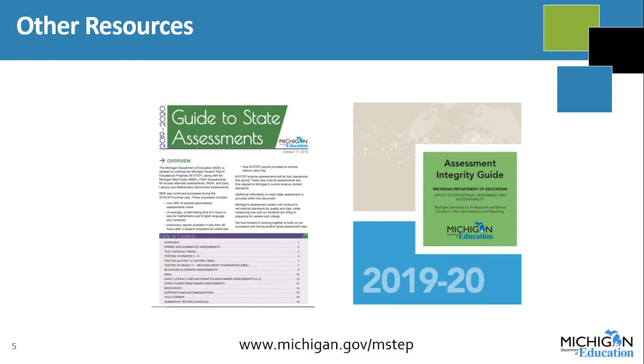The Assessment Integrity Guide has been updated for the Spring 2020 administration and should be reviewed for the updated testing policies. You can find these documents, plus a new training based on the Assessment Integrity Guide, by going to the M-STEP webpage. The link for the Assessment Security Modules registration is under the Professional Development section.